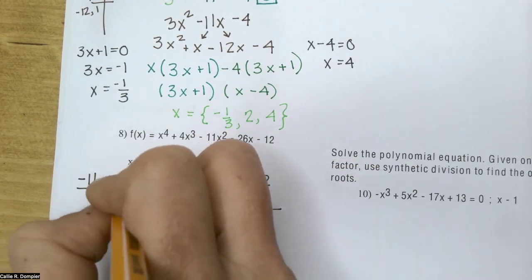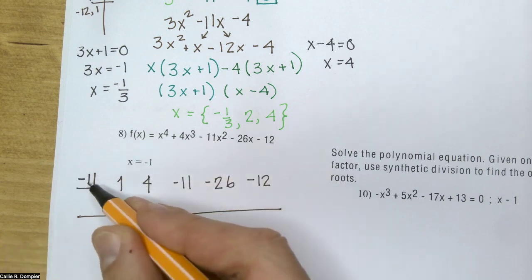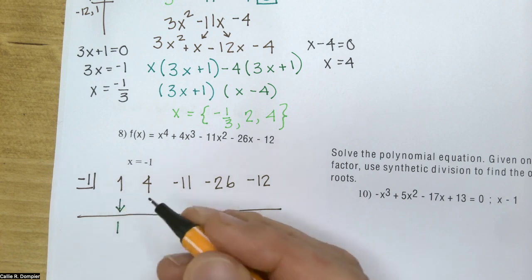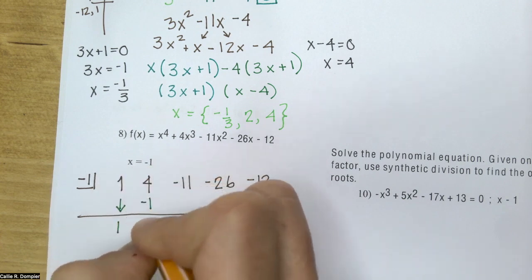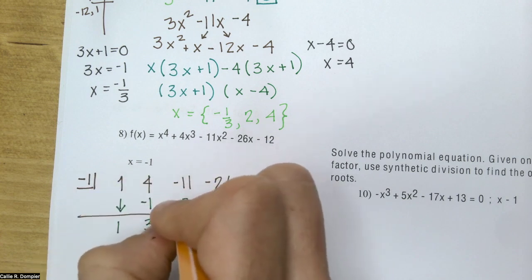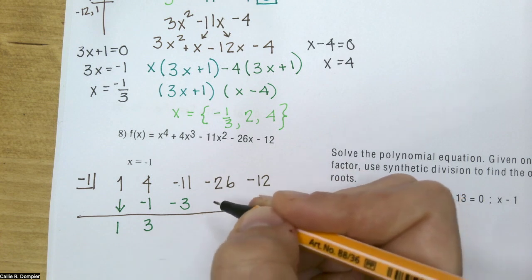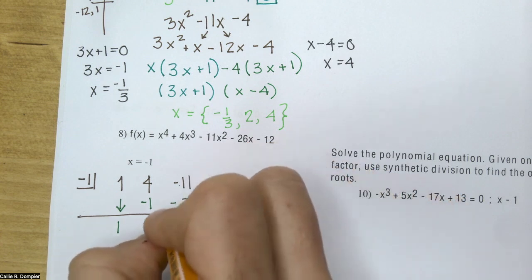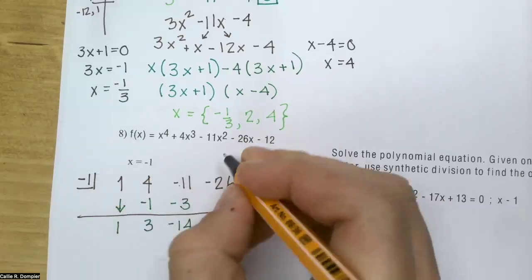Send that one straight down. Multiply my answer by the 0. 1 times -1 is a -1. 4 minus 1 is 3. 3 times -1 is a -3. -11 minus 3 is a -14. Negative times a negative is a positive.